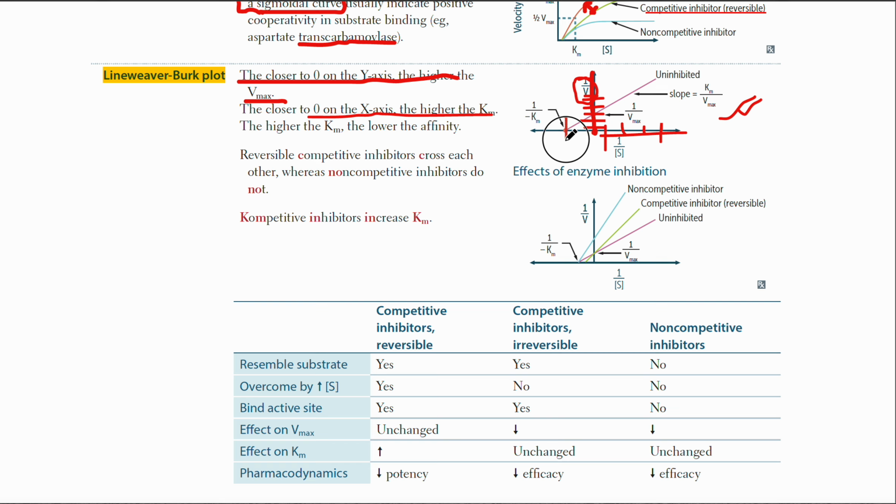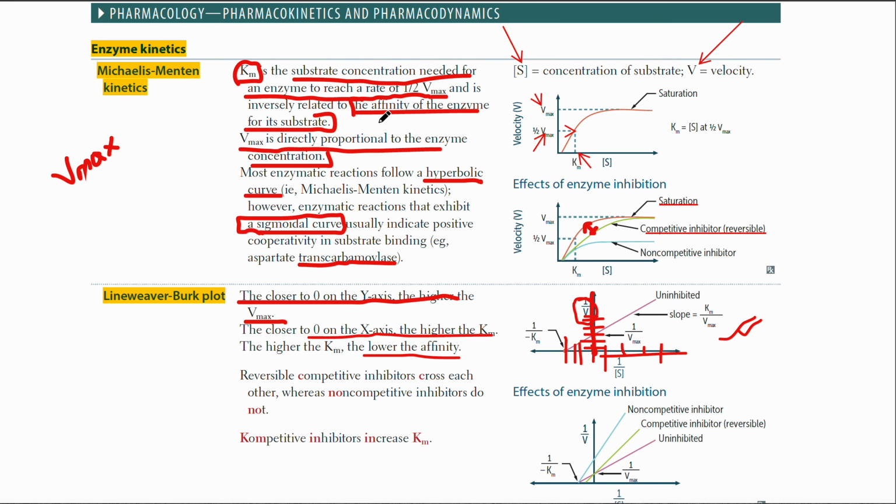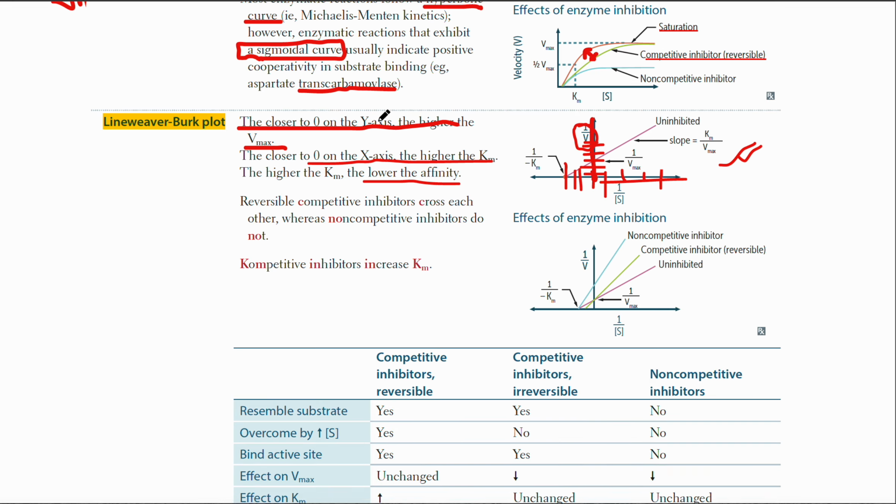And the closer it is to 0, the higher is the Km. It is also inversely proportional, but on the negative x-axis. Bmax is inversely proportional on the positive y-axis, and Km is inversely proportional on the negative x-axis, right? So the higher the Km, the lower the intercept magnitude. It is the same rule as in the Michaelis-Menten equation.